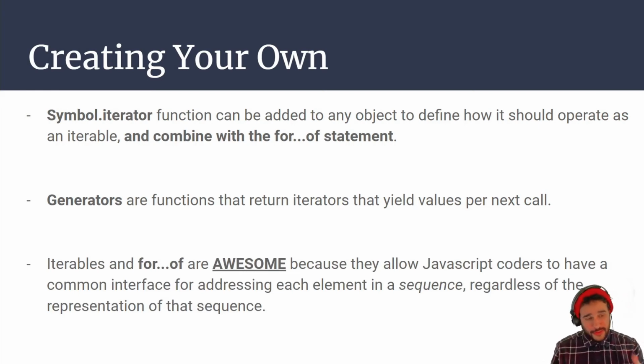And iterables and the for of loop, in my opinion, are awesome because they allow JavaScript coders to have a common interface for addressing each element in a sequence, right? Whether that sequence is an array of elements, a string of characters, a node list, an arguments object, a map, a weak map, a set, or a weak set, to bring in some of those newer ES6 data structures.